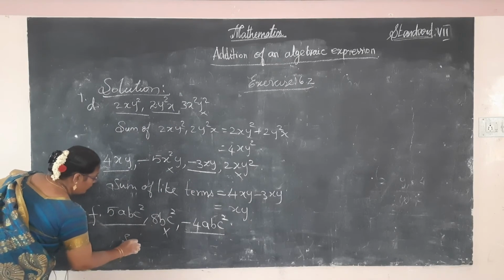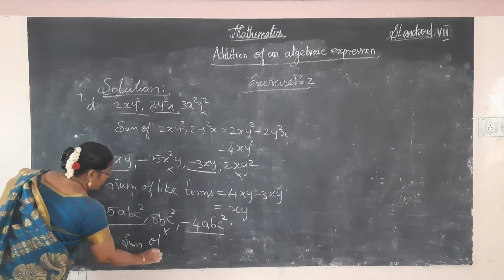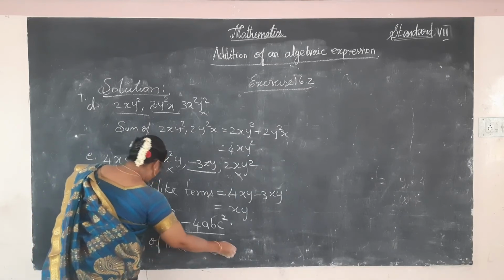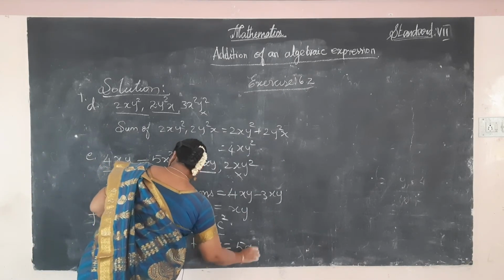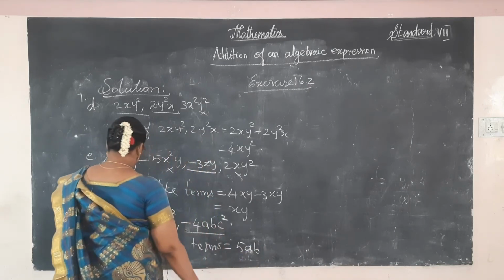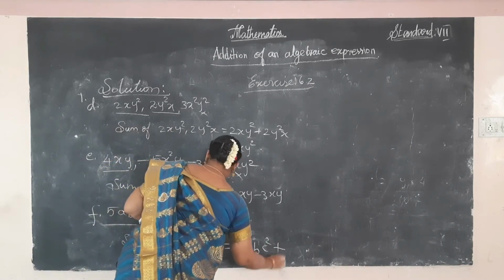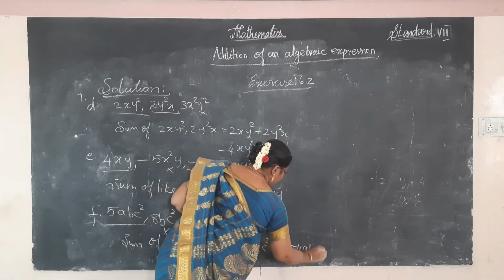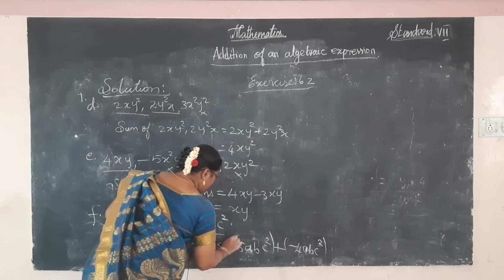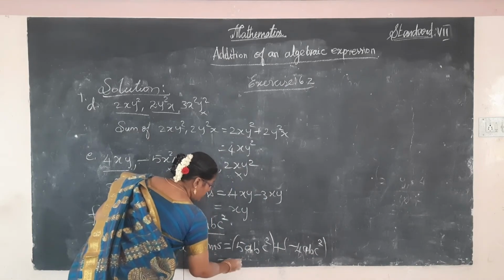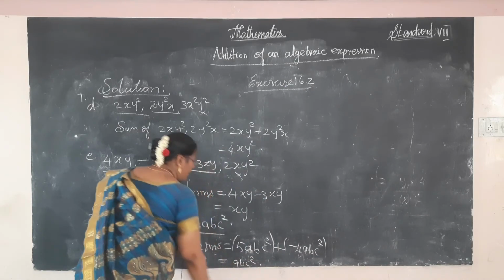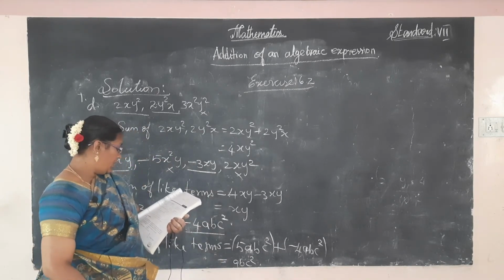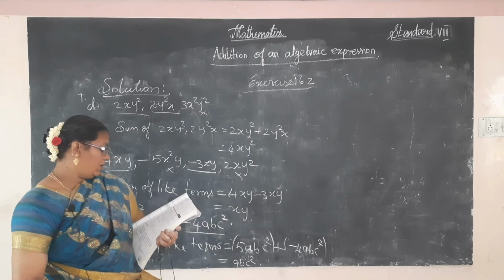The sum of like terms is equal to 5abc squared plus minus 4abc squared. Different signs, subtract and put the greater number sign. So abc squared is the answer, 5 minus 4 is 1.